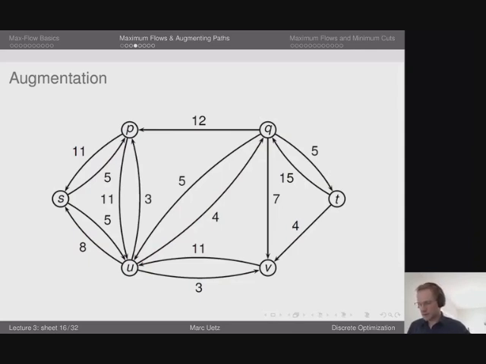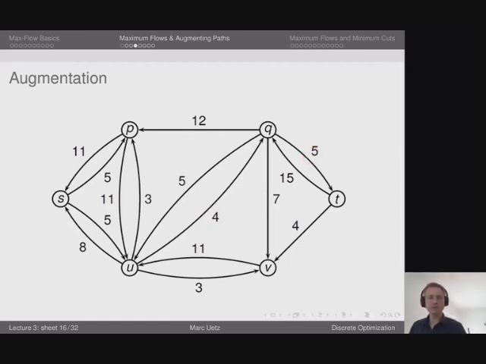Okay, so here we identify this simple ST path from S to T, and we can also already identify what the corresponding capacity along this path is. So this has a residual capacity of 5. Here the residual capacity is 4, and here it is 5 again.